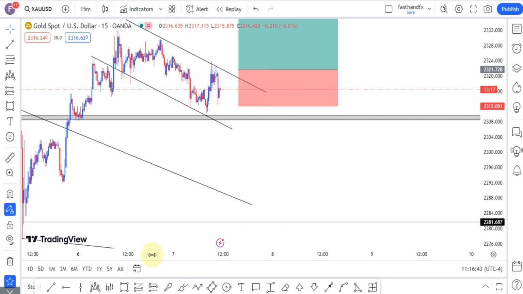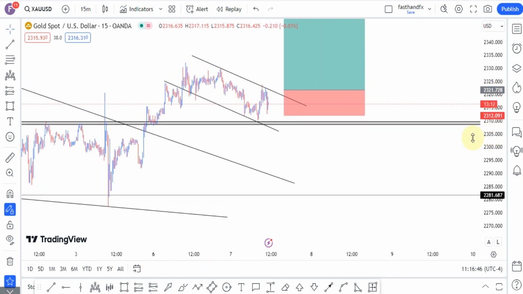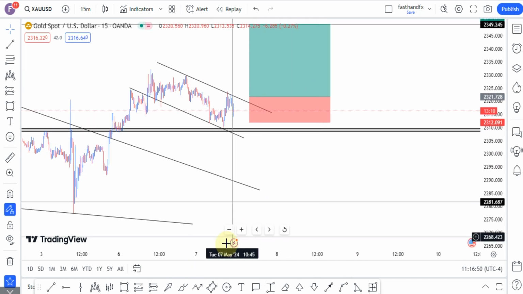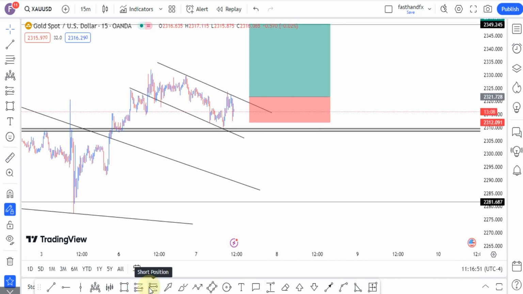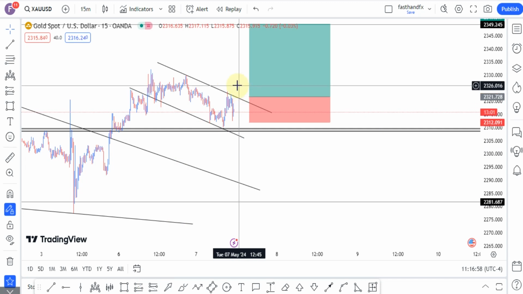So what I normally do is anticipate the market to give me either of these structures. If the market does break above this area, that means what I was waiting for has been confirmed.